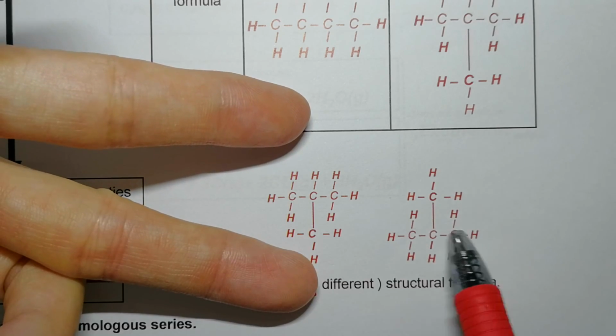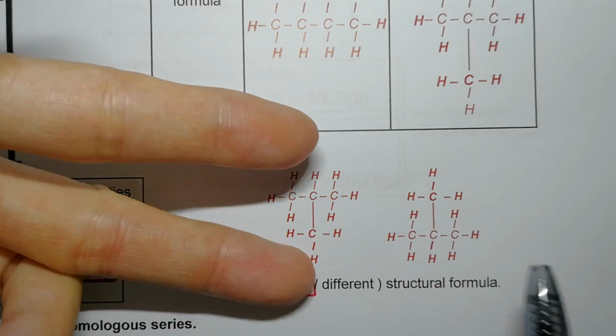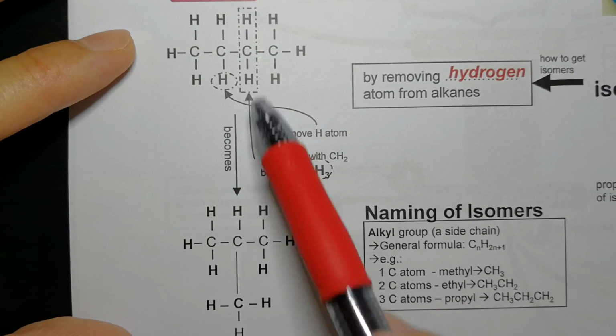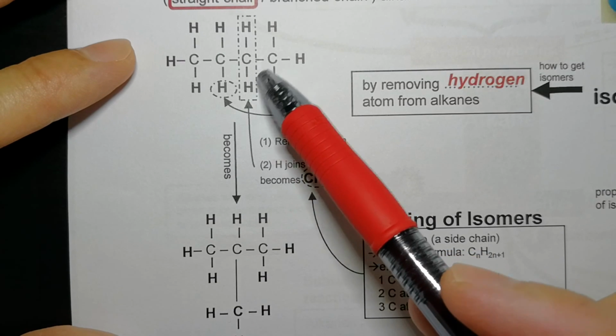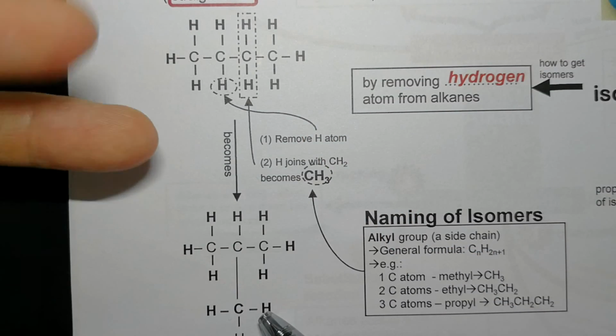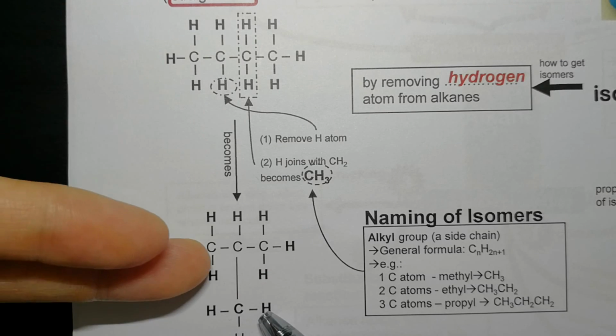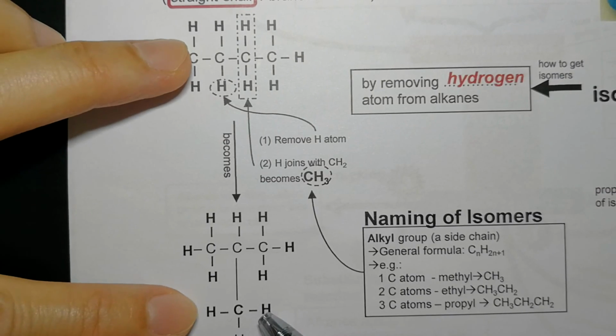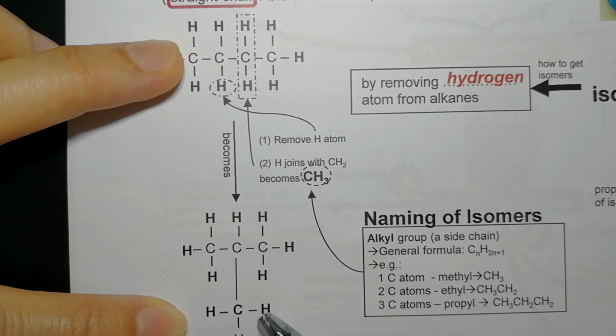So that means structural formula, they are the same. This one, these two, regardless of how you flip, this structure will never be the same as this structure. No matter how you flip, the structures are different. If that's the case, these two have different structural formula.